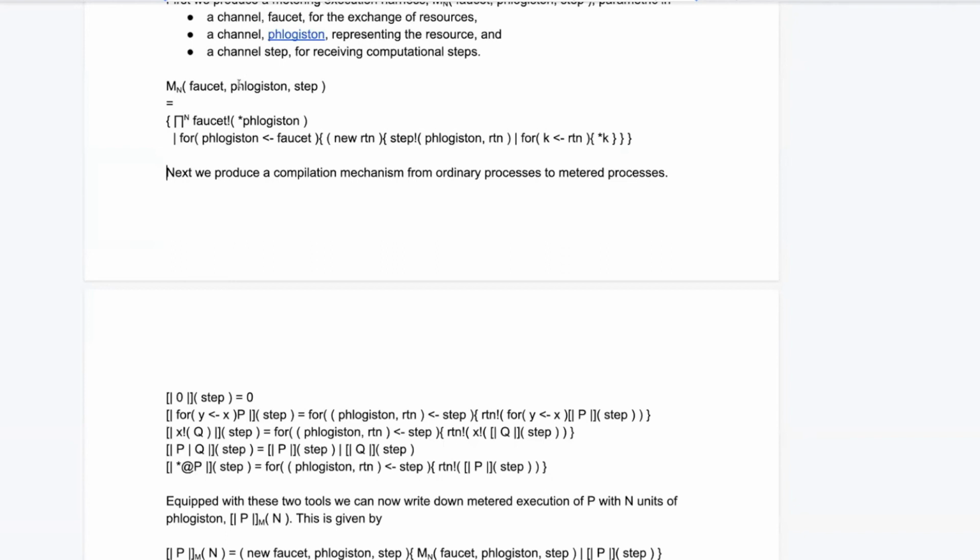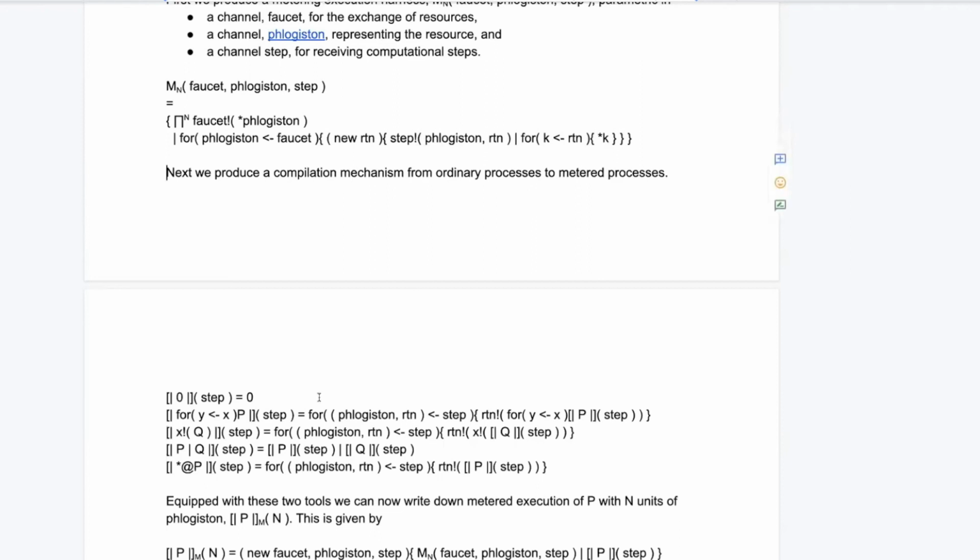And then you have three channels: the faucet channel, a step channel, and a return channel. It's defined so that you provide that much phlogiston, and then you wait at the faucet for some phlogiston, and you provide a fresh return channel, and then you send along the step channel the phlogiston and the return, and on the return channel you wait for the thing to run, and then you run it.